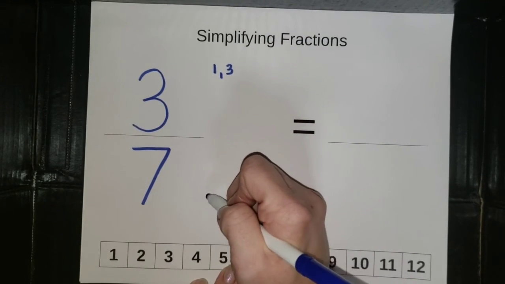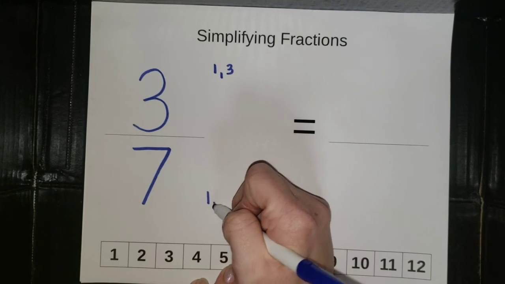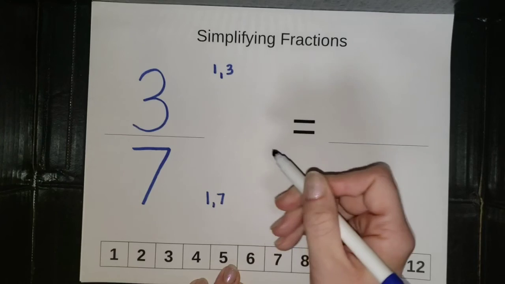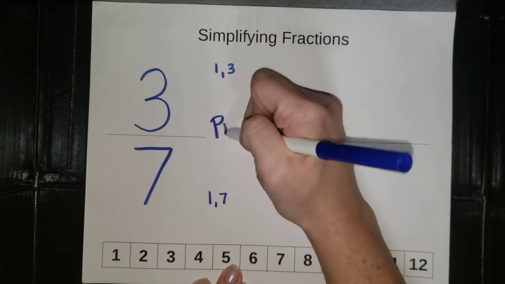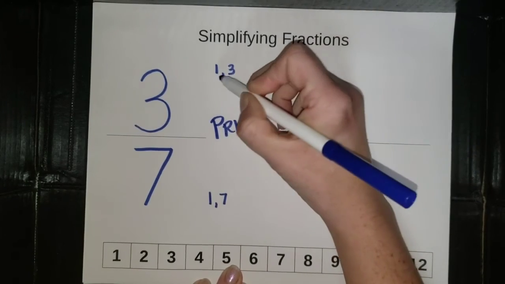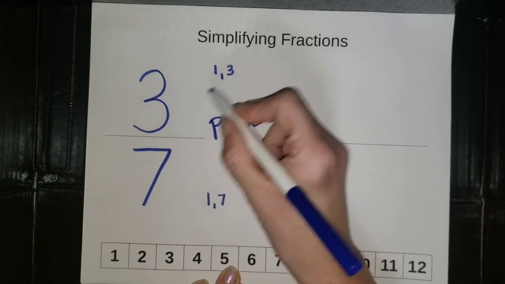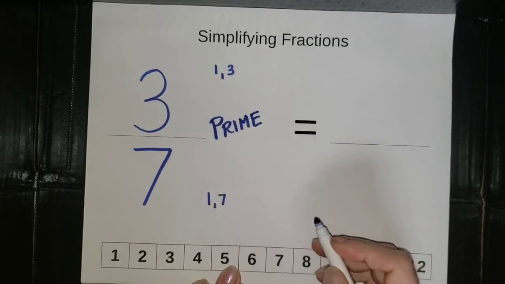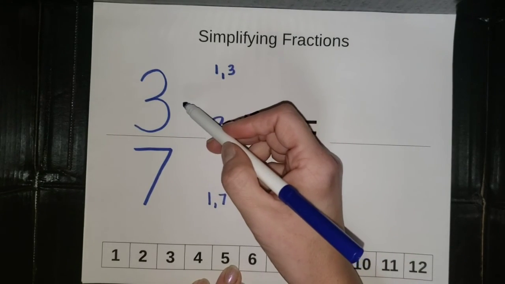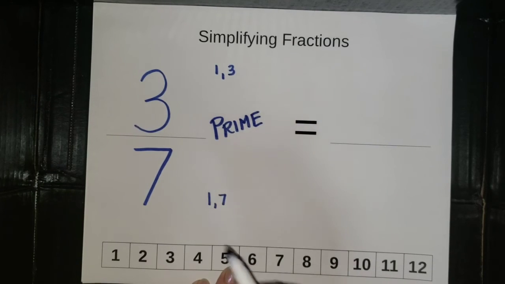Factors of 7: 1 and 7. Both of these numbers are prime. They only have two factors, 1 and itself. So in this case, both the numerator and the denominator are prime.